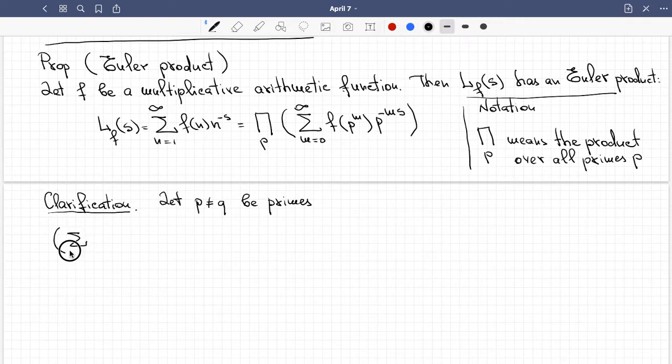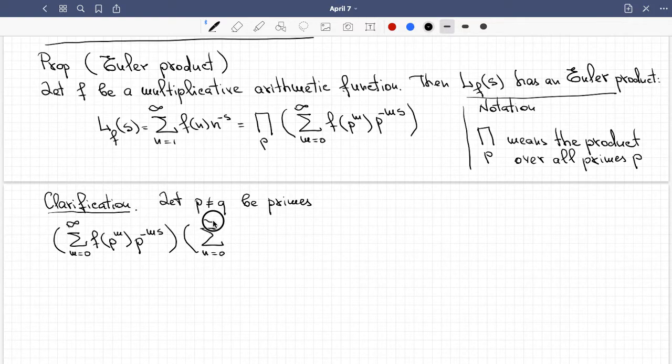Sum over m from 0 to infinity of f of p to the m, p to the minus ms, times the sum, and I will write another variable of summation here, because otherwise, if I write m here and m there, we may get confused.